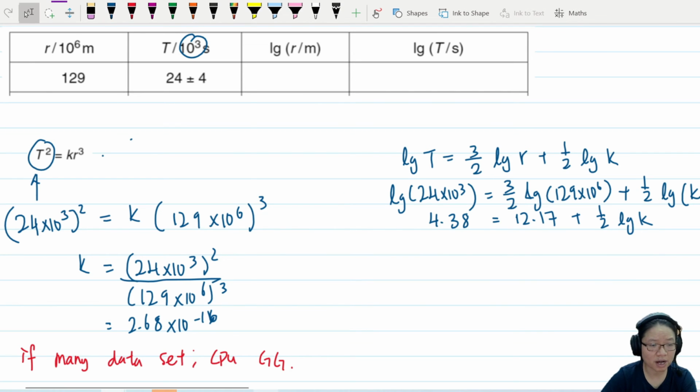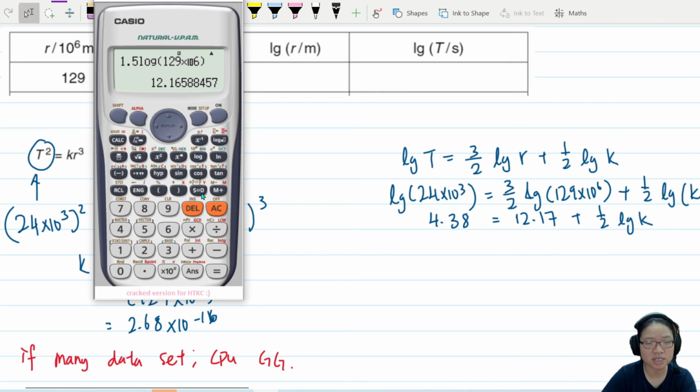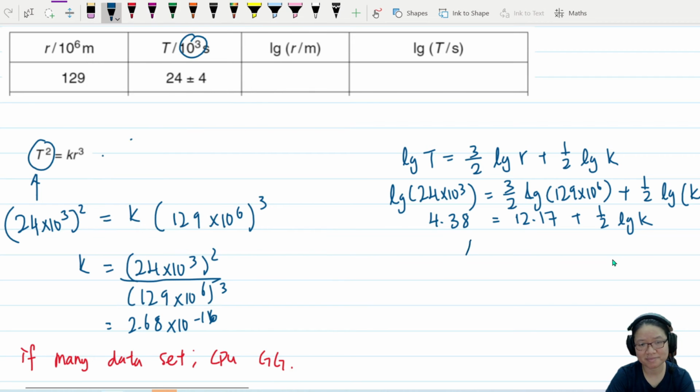So you can see from the calculator perspective, it's much easier to take 4.38 minus 12.17, then multiply by 2. This is my log k, negative 15.58.